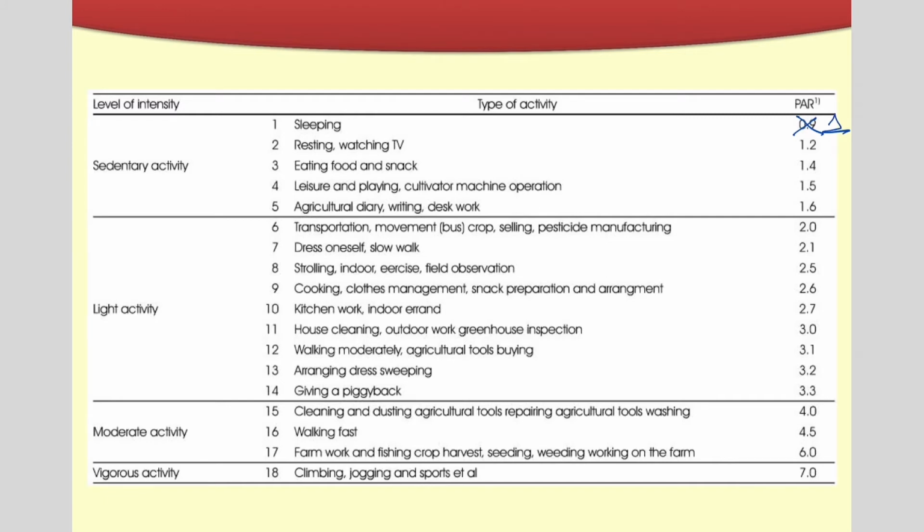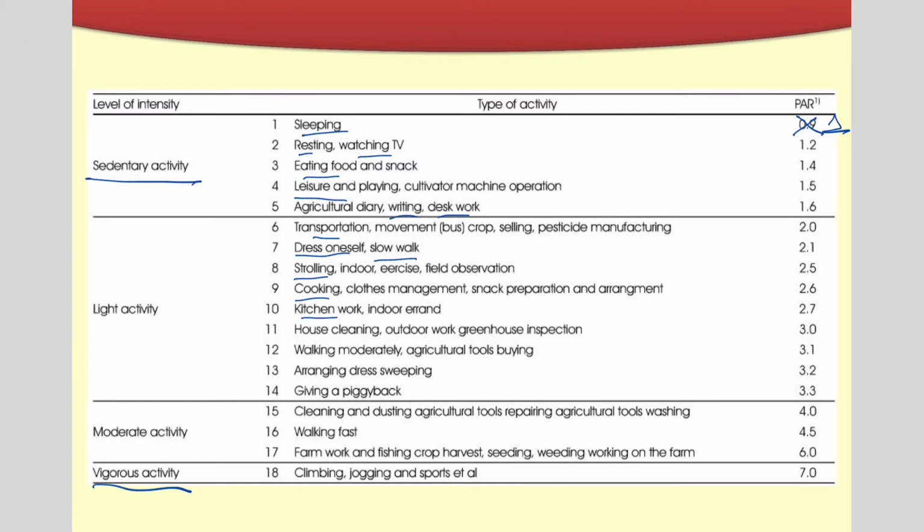So if you look at this table, you can see that the activities start from sedentary activity up to vigorous activity, and they include sleeping, resting, watching TV, eating food and snack, leisure and playing, agricultural daily, writing, desk work, transportation, dress oneself, slow walk, strolling, cooking, kitchen work.